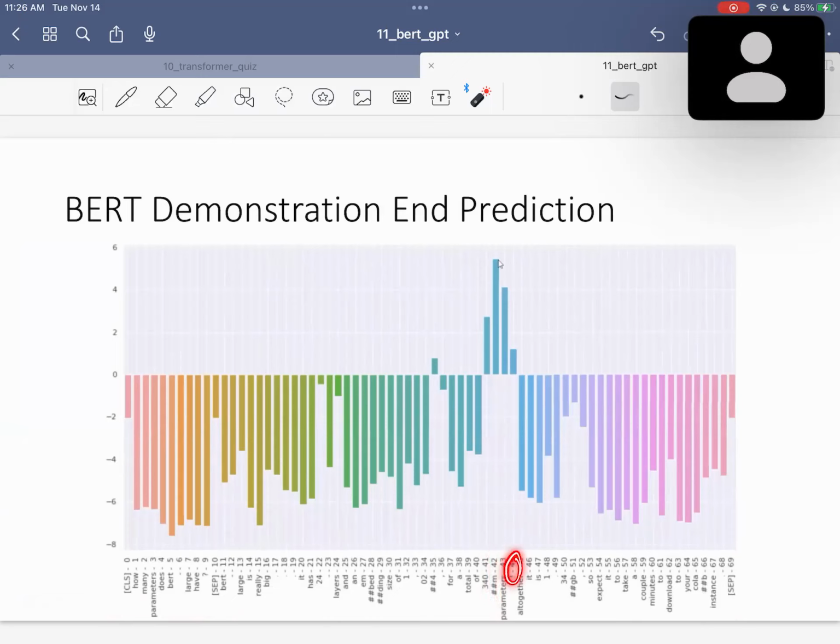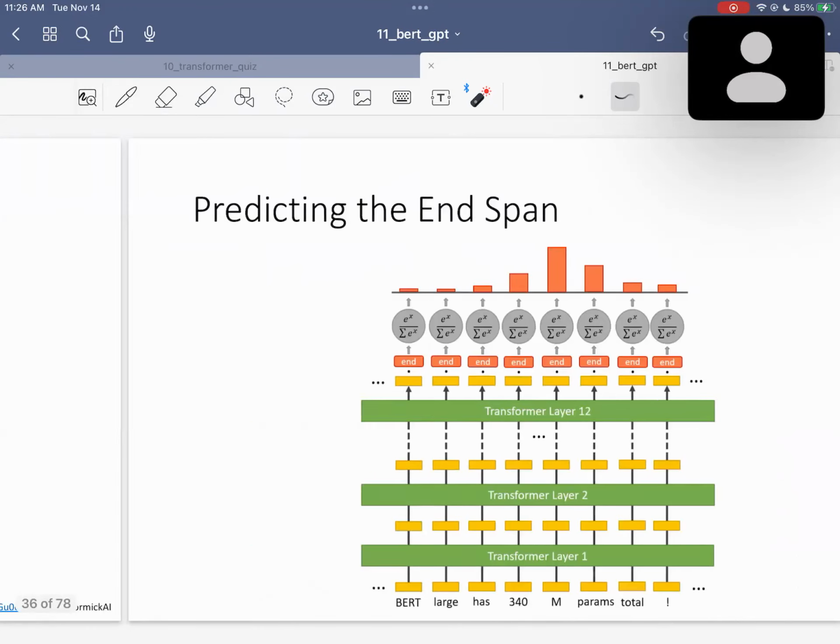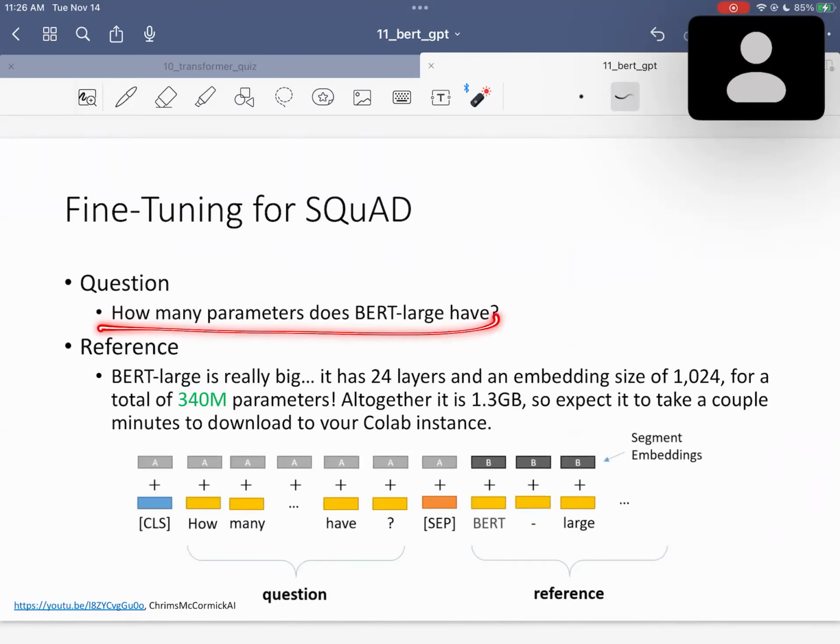And the exclamation mark as well. So it makes sense, because even though M is the true end position, you could still say that 340M parameters is a viable answer. You don't have to say 340M. You could say 340M parameters, because the question was how many parameters does BERT large have.